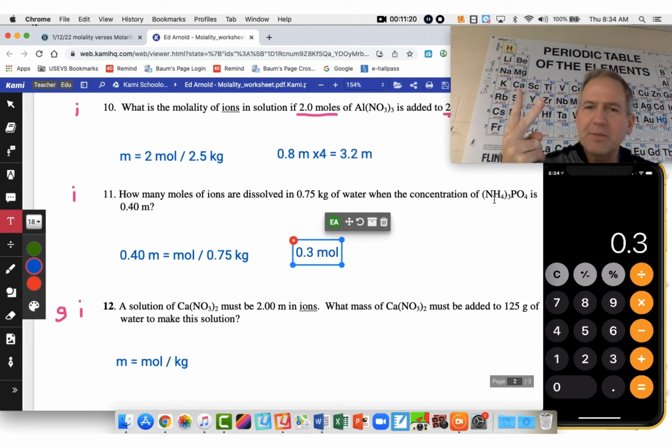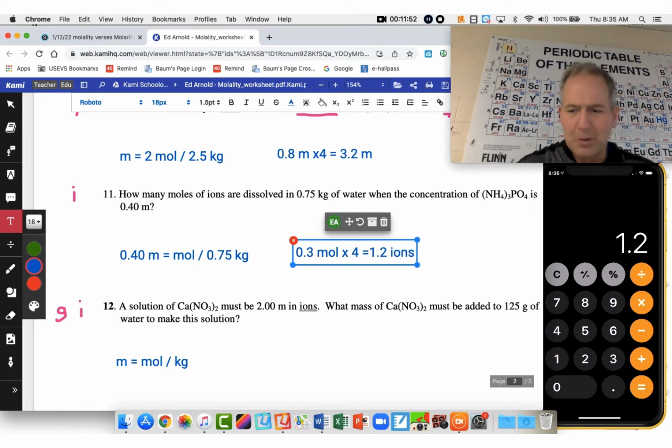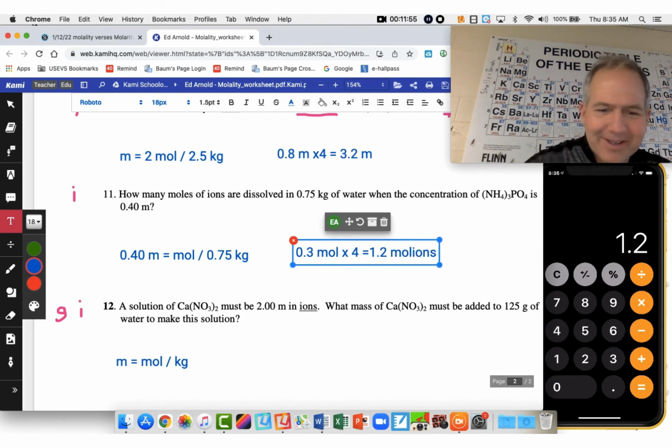There are some cases where there's more than that, but for our class, it won't be more than 2 different types of ions. So that's 4 ions, so 0.3 times 4, that's 1.2, isn't it? Yep, it equals 1.2 moles of ions.